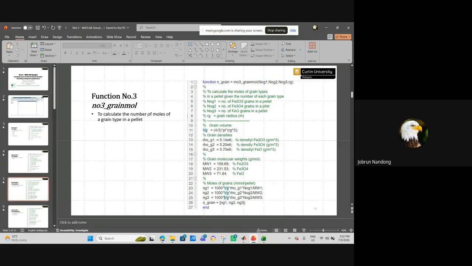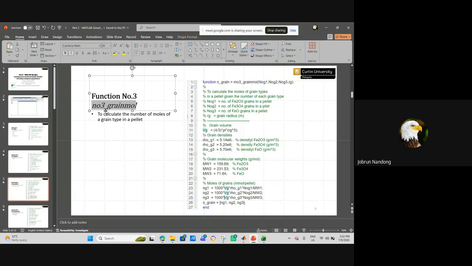This is to calculate the number of moles of a grain type, because we have 3 different types of grains inside a pellet: Fe2O3, Fe3O4, and FeO. So we want to calculate the number of moles of each grain type, right? So we use this function to do that.